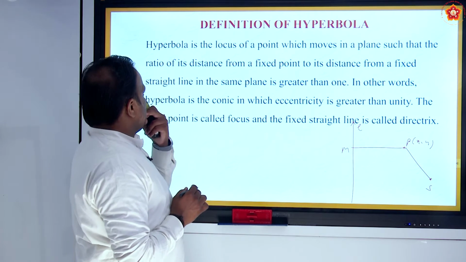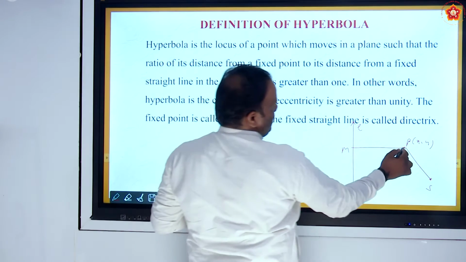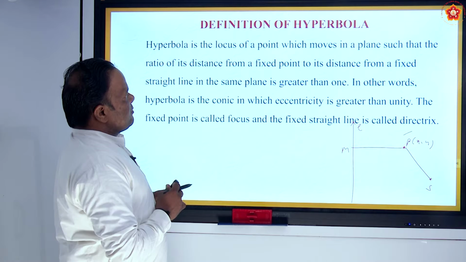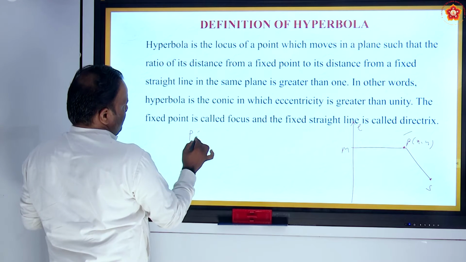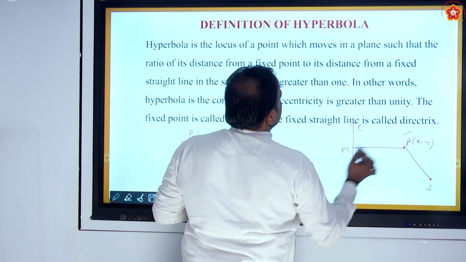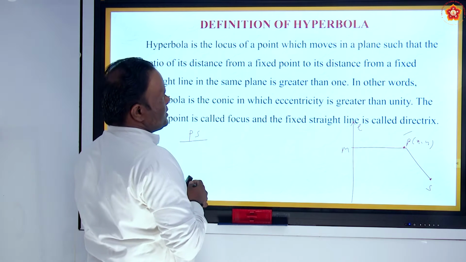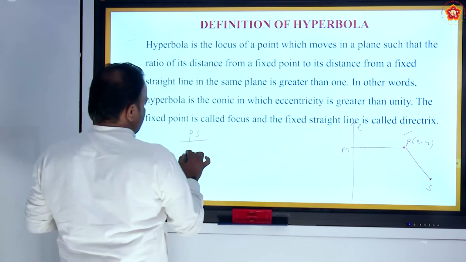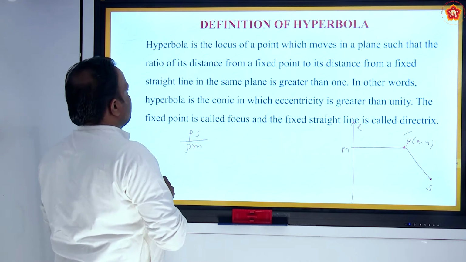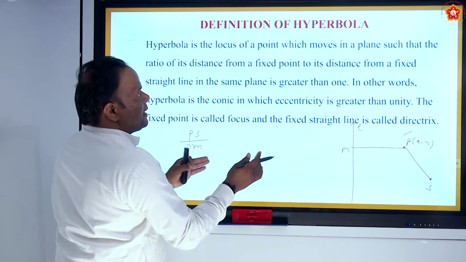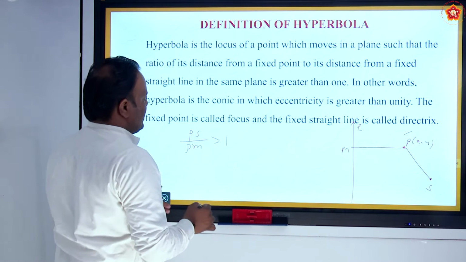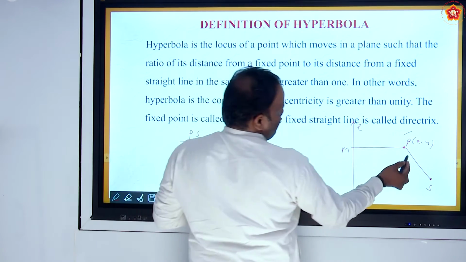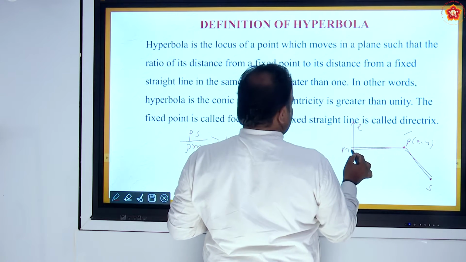Hyperbola is the locus of a point which moves in a plane such that the ratio of the distance from the fixed point, that is PS, to the distance from the fixed line, PM, is greater than 1. Clearly we can write PS is greater than PM, means this length is greater than this one.